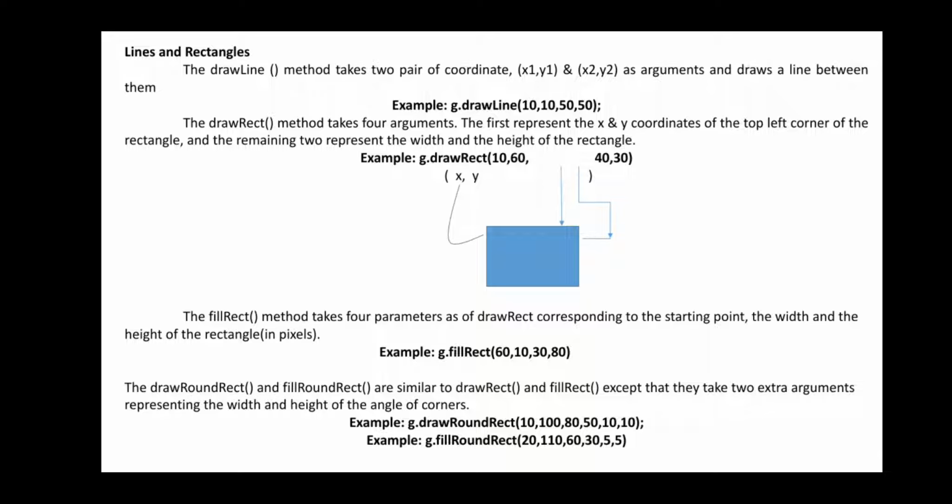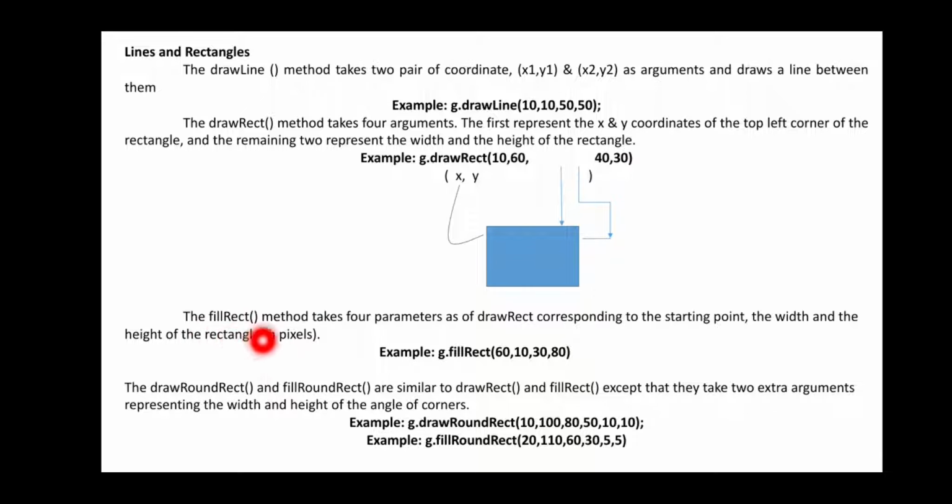Only the first 2 elements are the coordinate points, and the other 2 elements are the height and width for drawing a rectangle. If width and height are given the same values, then you have a square.